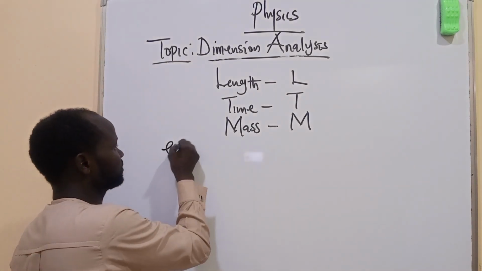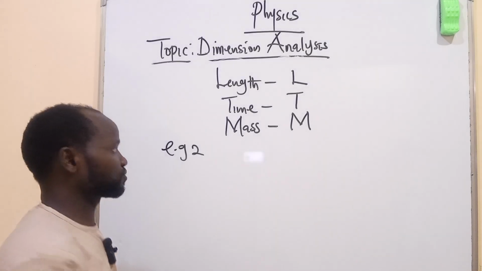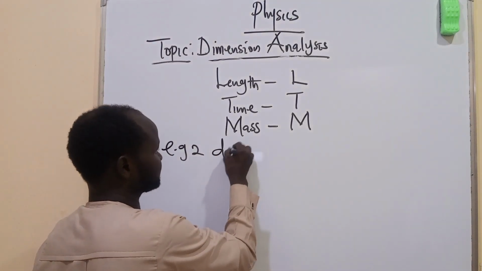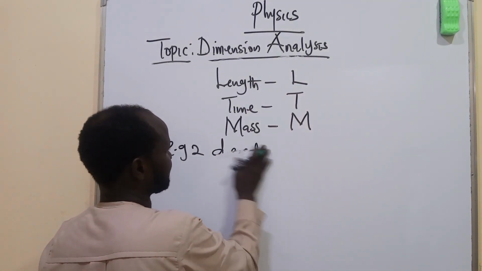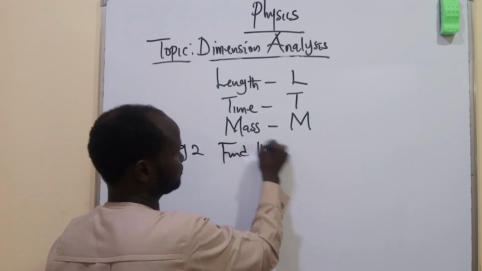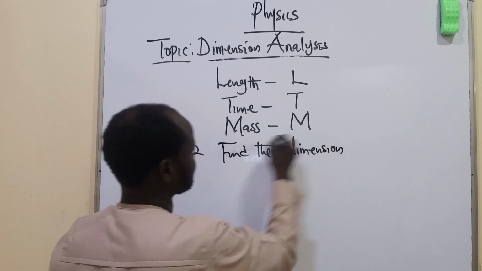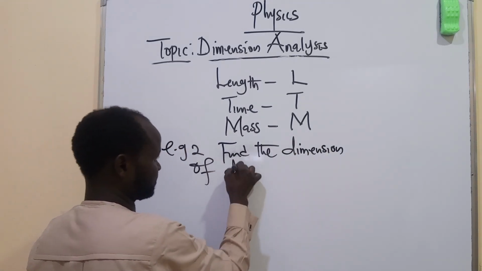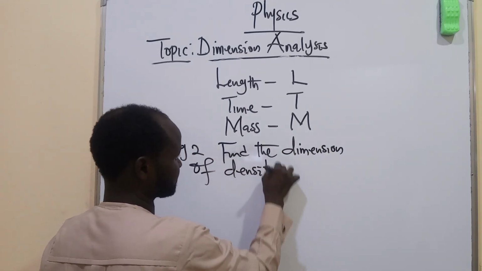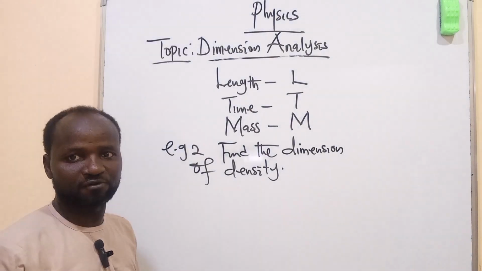Example 2, let's say density. We are asked to find the dimension of density. Density is a derived quantity, and density is mass over volume.